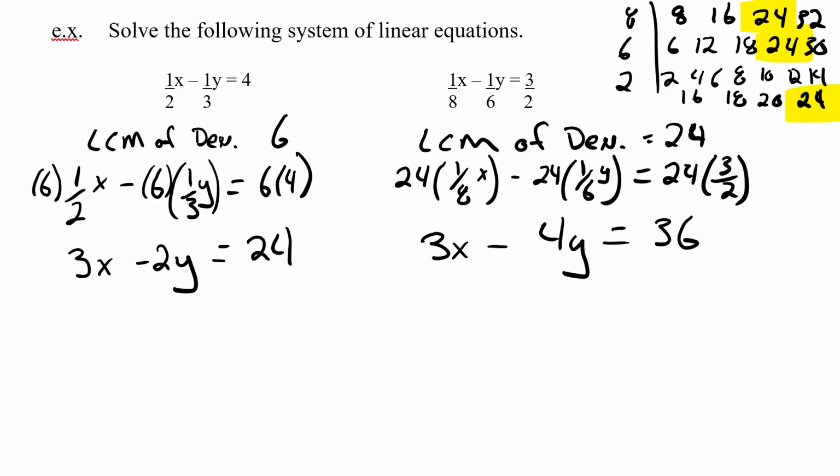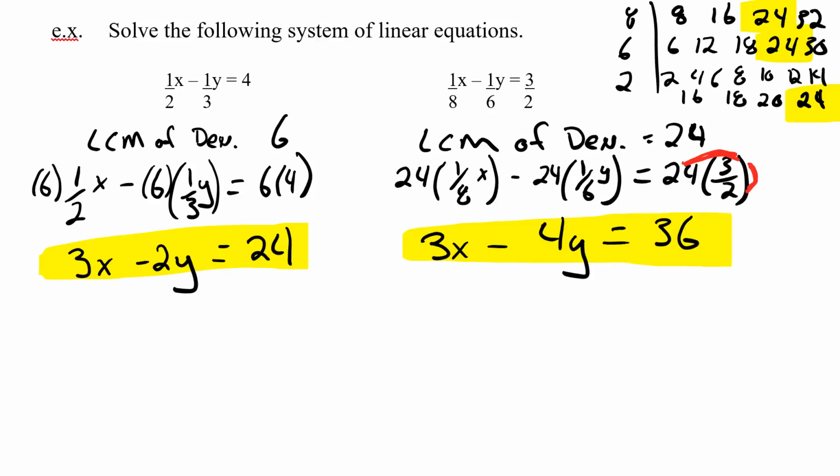Now remember, when you are doing numbers times fractions, it's the number times the numerator, and then divide by the denominator. 24 times 3 divided by 2. So here we have our two equations which we are now going to work with.